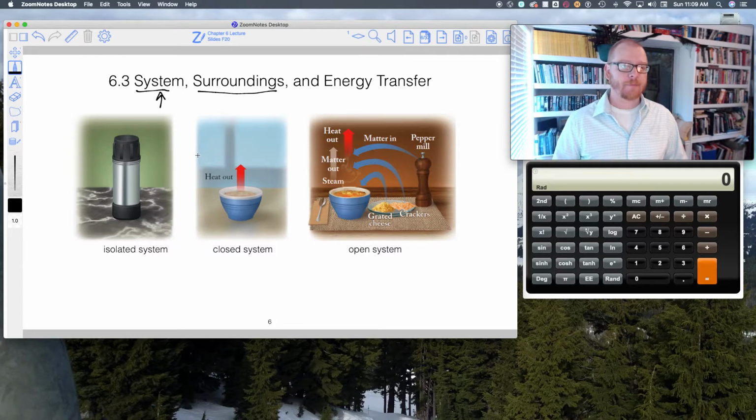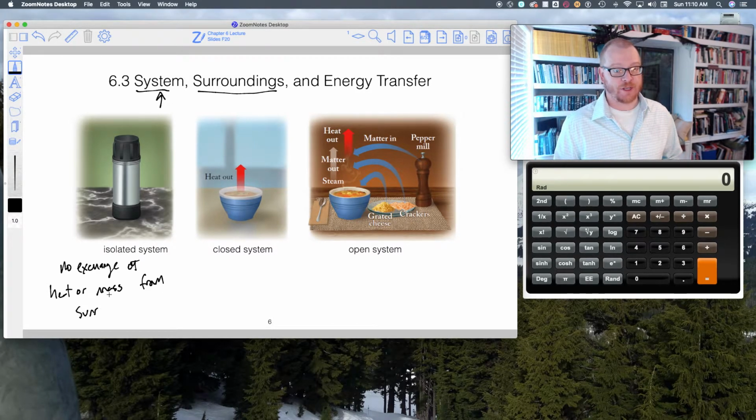Three, right? We have what's called an isolated system. And this picture gives you a good idea of this isolated system. In this isolated system, there is no exchange of heat or mass from the surroundings. Okay?